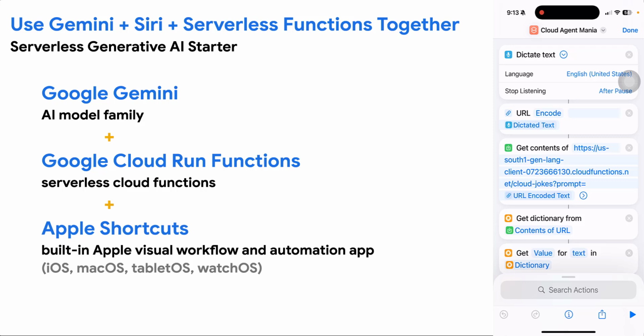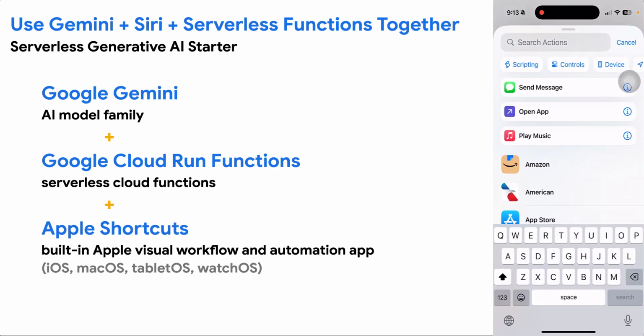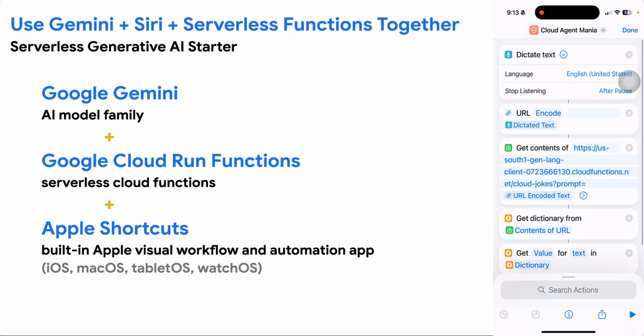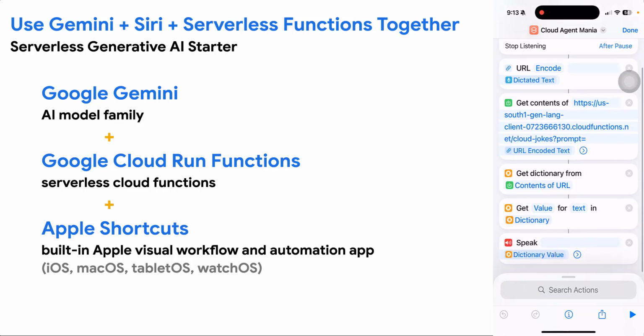Shortcuts is no exception. You have these cards, like dictate text is a card, the URL is one, all these actions and capabilities that you configure. Visually, they're laid out from top to bottom, so it goes from one step to the next. Then you set these all up, and they have certain functionality they provide to you.